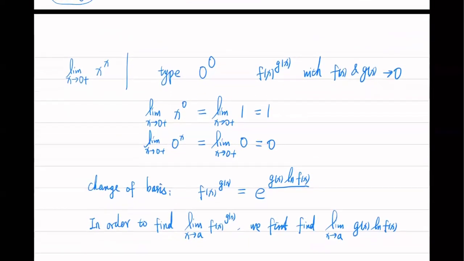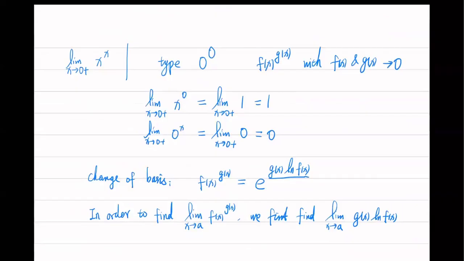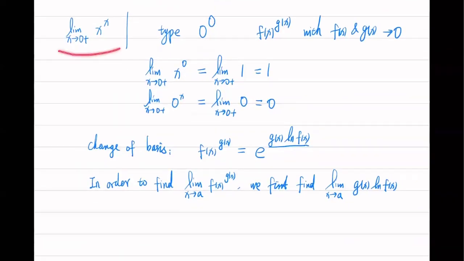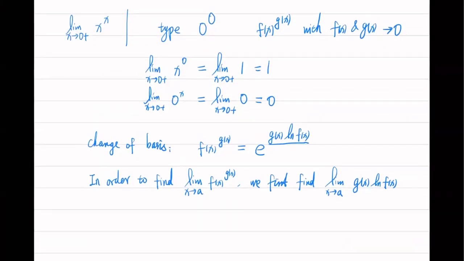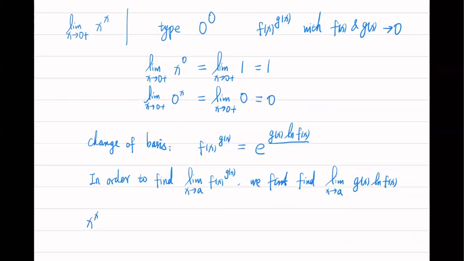Okay, as an example, we're going to go back to find this one. What's the limit of the logarithm of x to the x? What's the new exponent? Change of base: x log x. What's the limit when x goes to 0?